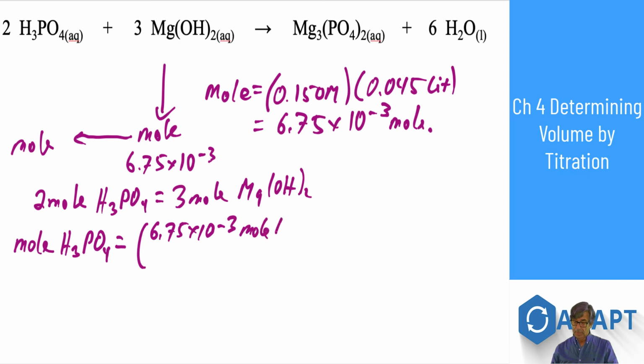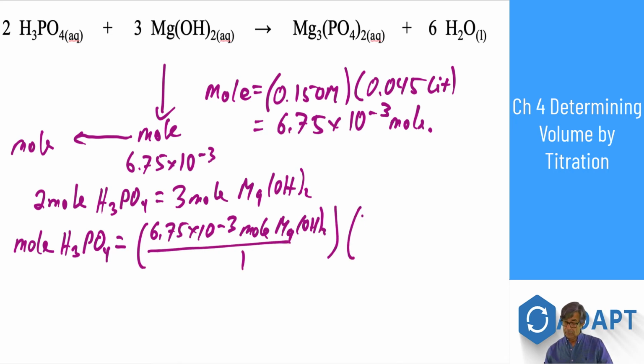Let's write down the magnesium hydroxide, place it over 1, and now use our 2 to 3 ratio: 2 moles of the phosphoric acid for 3 moles of the magnesium hydroxide.